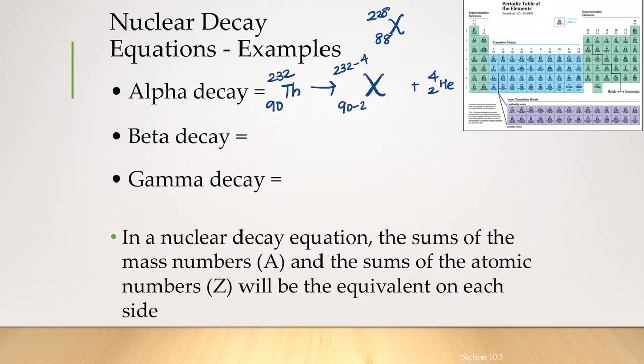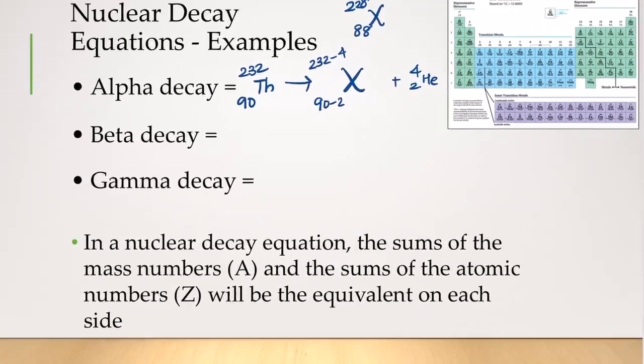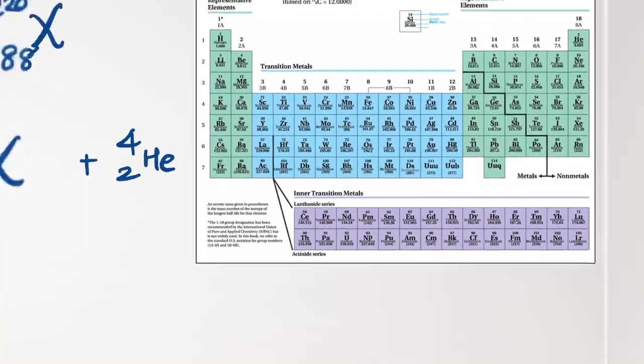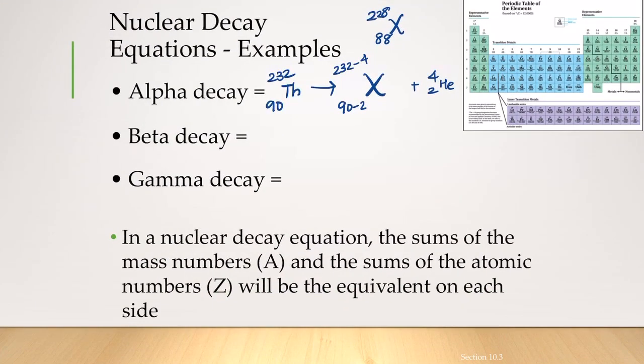And then once you figure out the mass number and the atomic number of this particular atom X, you need to go to the periodic table and find where this atom 88 is. So atomic number 88 is nothing but radium, which is right here, which has a symbol Ra, and you replace the X with Ra.